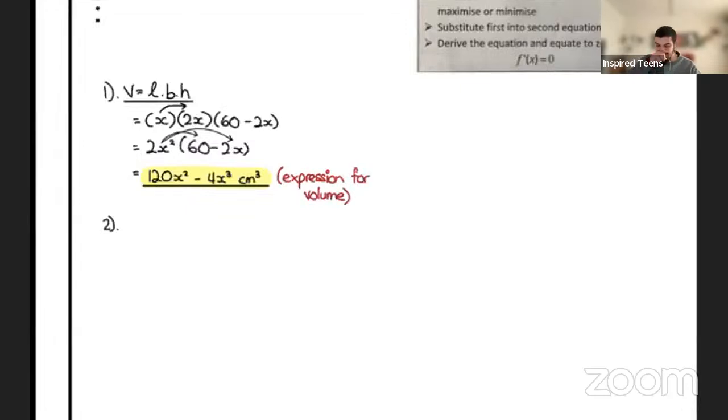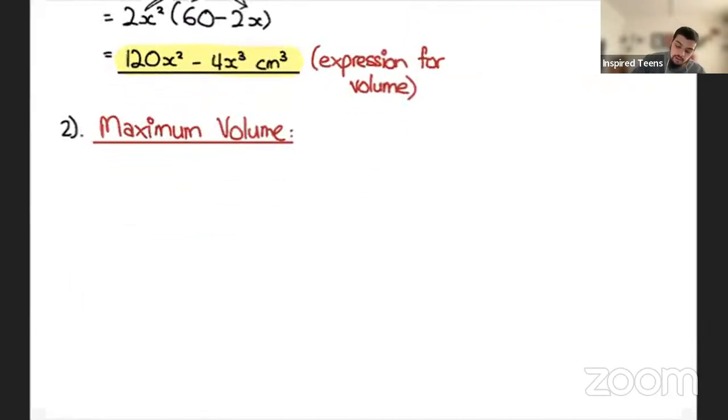Since that's an expression for the volume, if we want maximum volume, it always includes deriving it and equating it to 0. So we're going to take this and derive it.